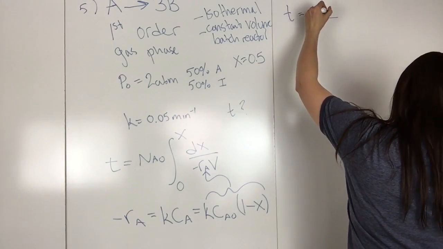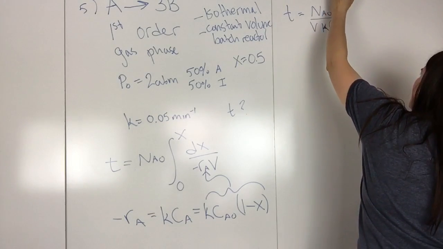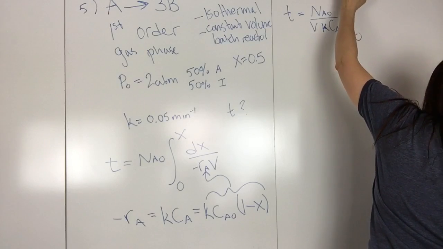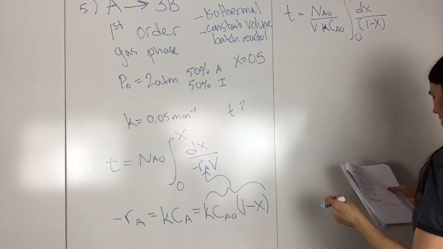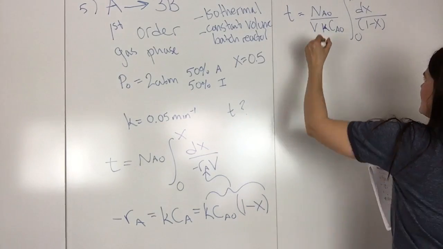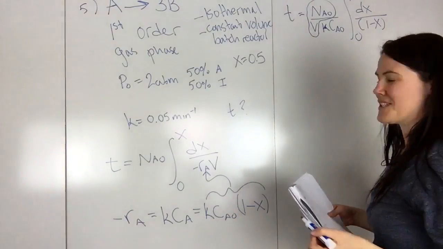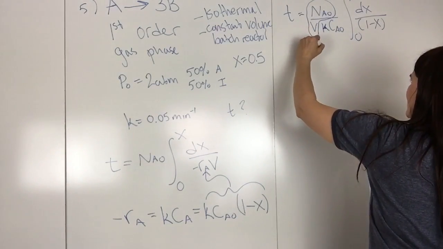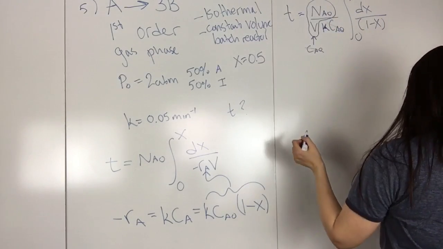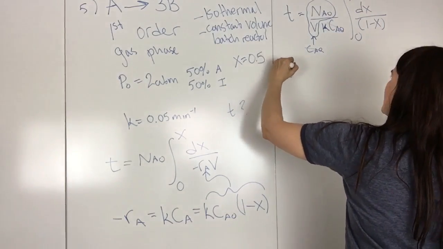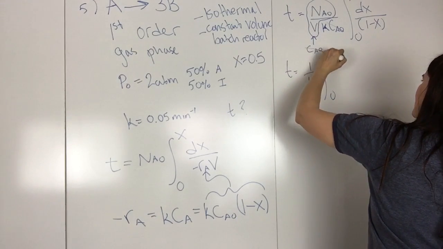So we have k, CA naught, integral 0 to X, dX over 1 minus X. And then this is moles over volume, so this is concentration, CA naught. So then we can cancel these out, so we're left with T equals 1 over k, integral 0 to X, dX over 1 minus X.